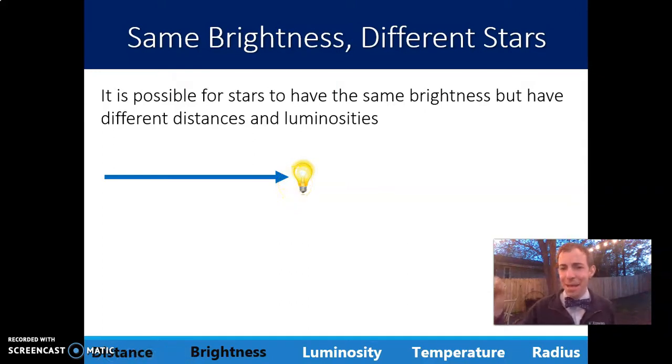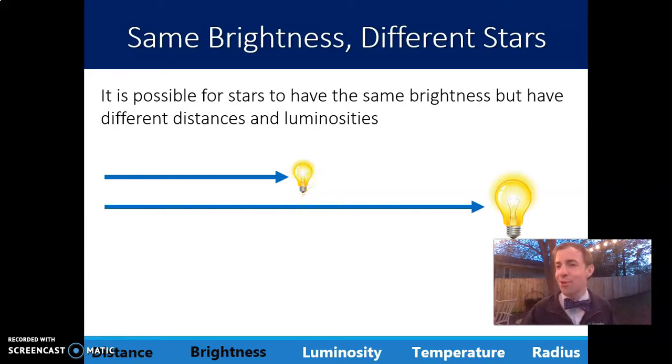You can make that light bulb look exactly the same as a brighter light bulb as long as that brighter light bulb is farther away from you. So if you combine those quantities in just the right amount, so that it's just far enough away that its brightness cancels out with that distance, then they can have the exact same brightness but different luminosities.